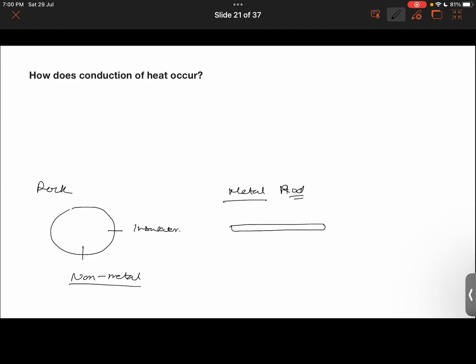Give me some other examples of objects which are solid but bad conductors of heat apart from this rock. Wood. Yes, wood is a bad conductor of heat, that is, an insulator.